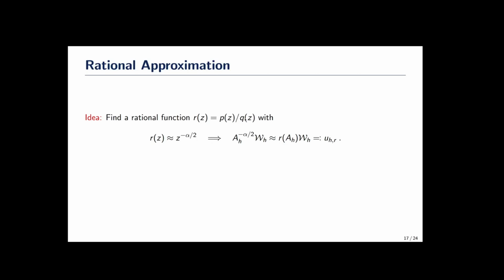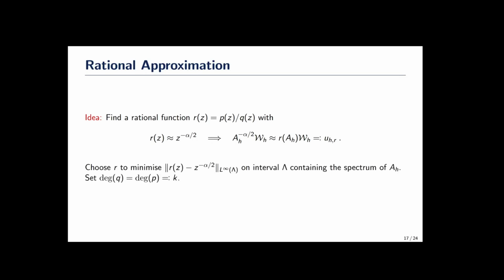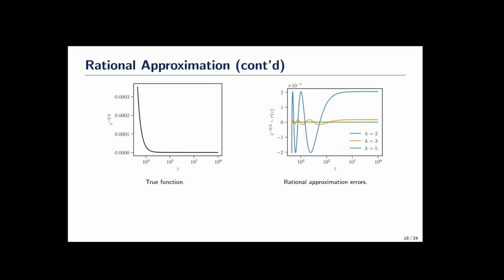And the hope is then that if you plug your discrete operator into that rational function, you recover the behavior of the exact matrix power. And in practice, this ends up working quite well, or in our case, it does. So I'll go over this a bit more quickly, but this is basically the gist of what we're doing.